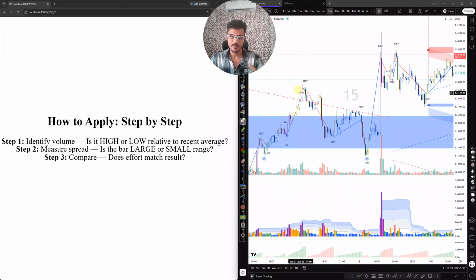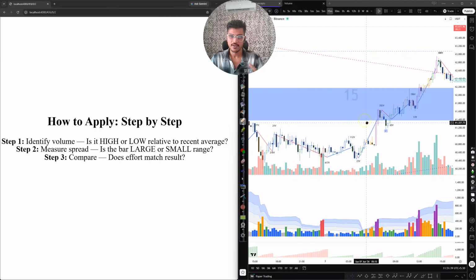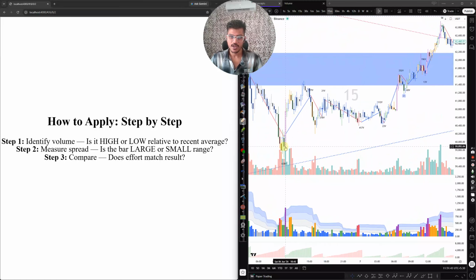Here again. Now see this one here. This move is valid, because you see very high volume and the candle had good movement. Here it's less than this one, but the volume matches the price.